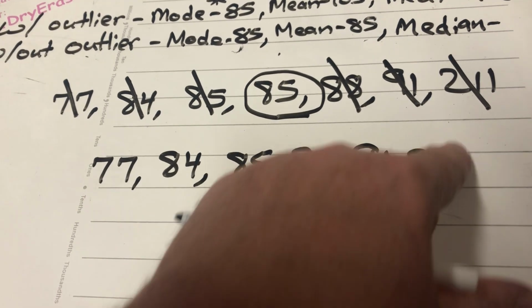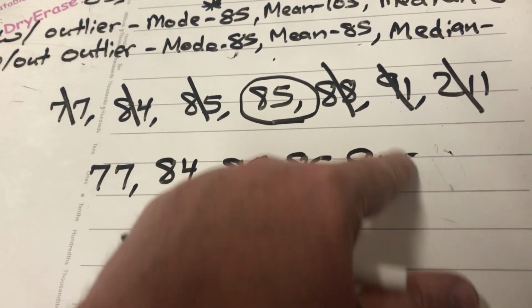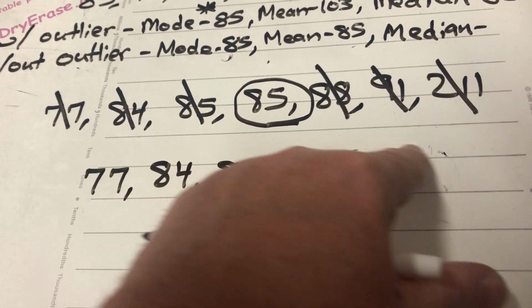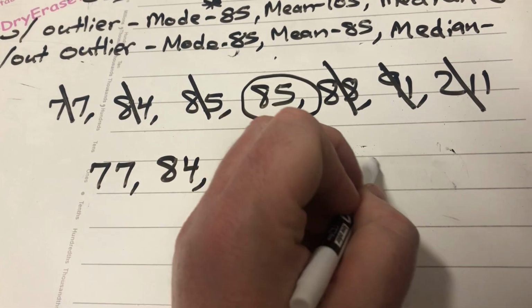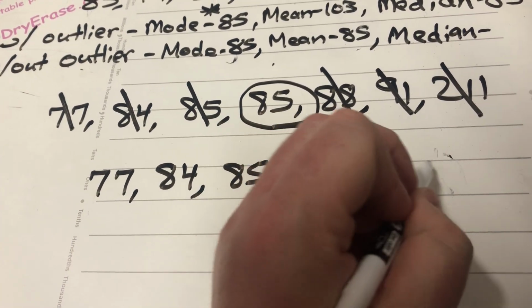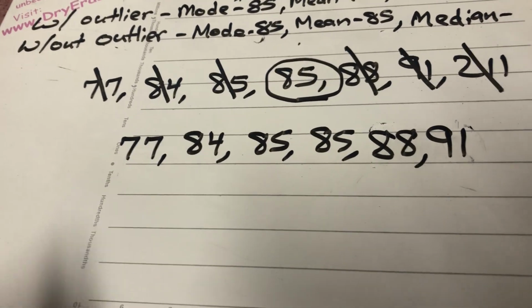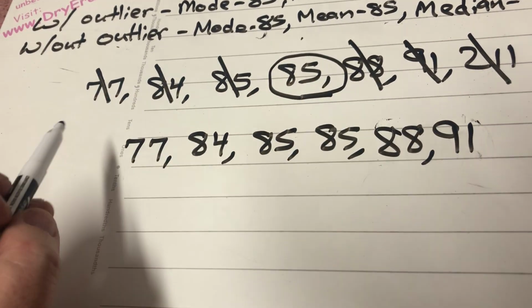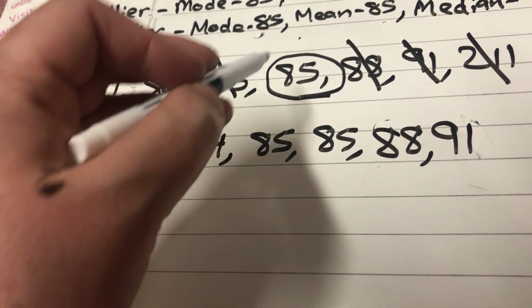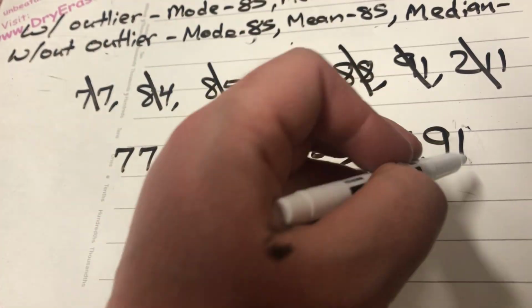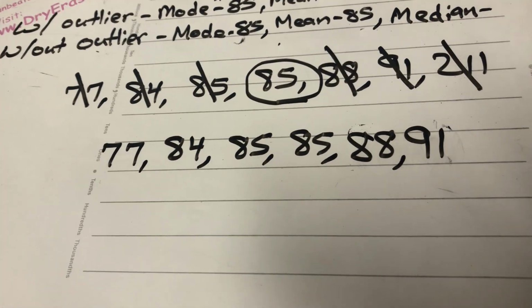I messed that up. 211 is not part of it. And I forgot the 88. So it's the 88 and the 91. So now I have just the first 6 numbers here in this set. 77, 84, 85, 85, 88, 91.